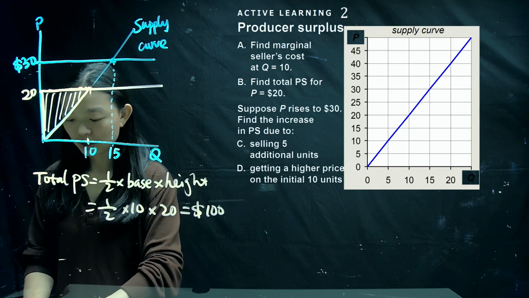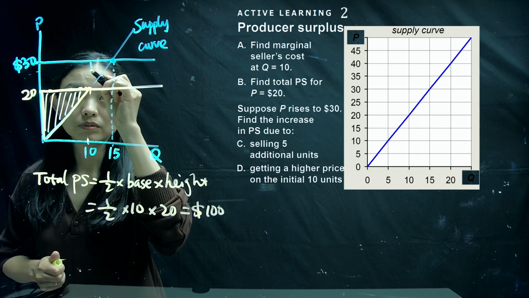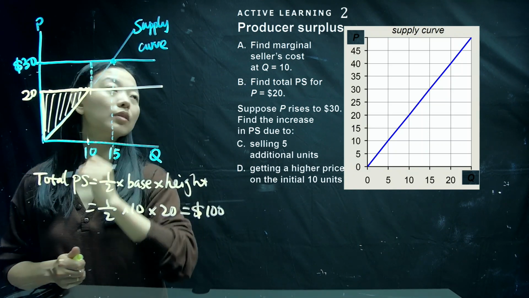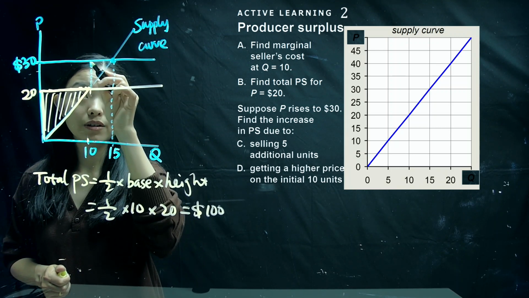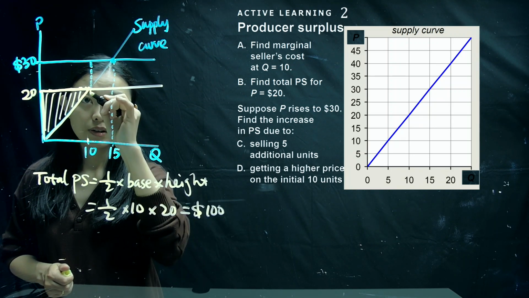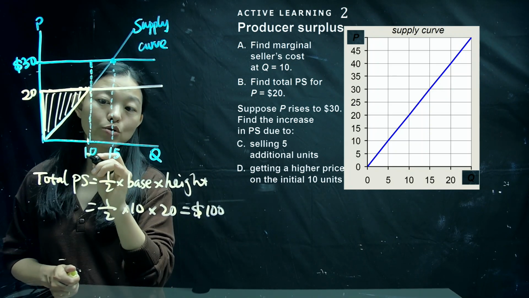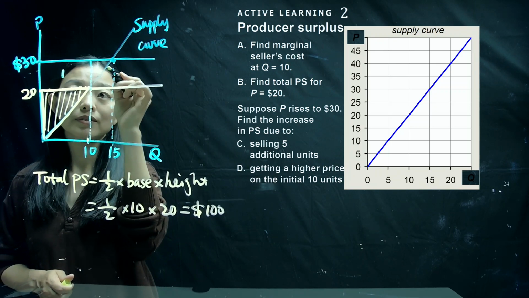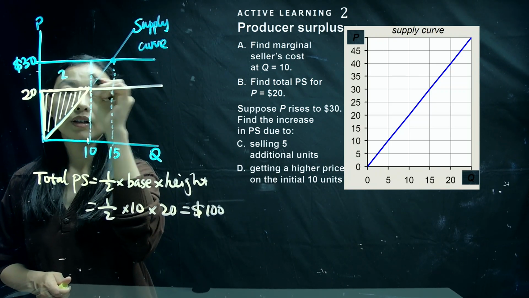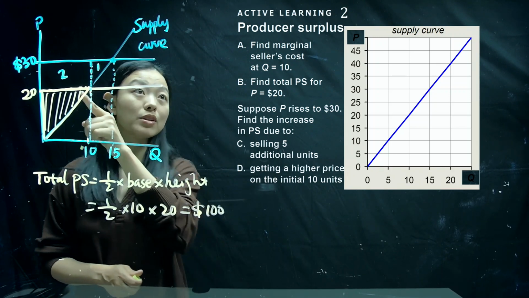So what you need to do is please draw a vertical line for the quantity equal to 10. Then you divide the increase of the producer surplus into these two parts.